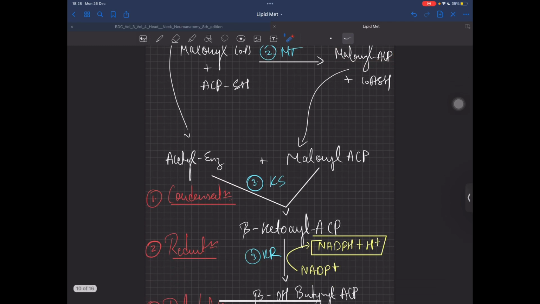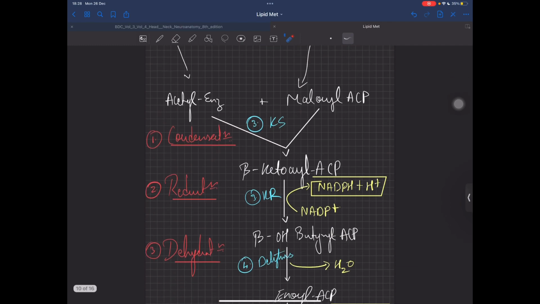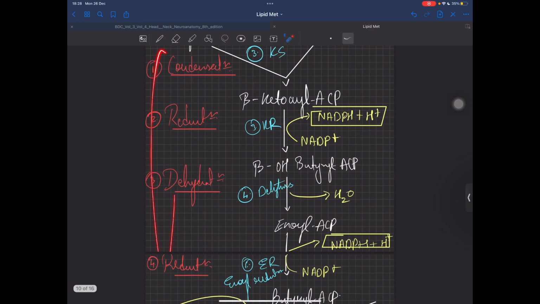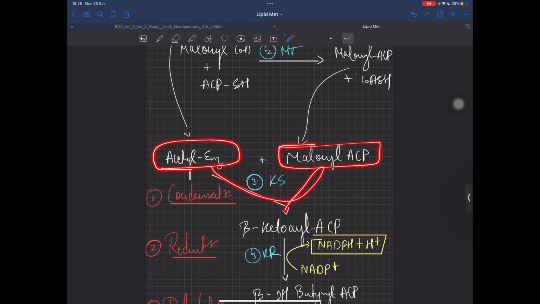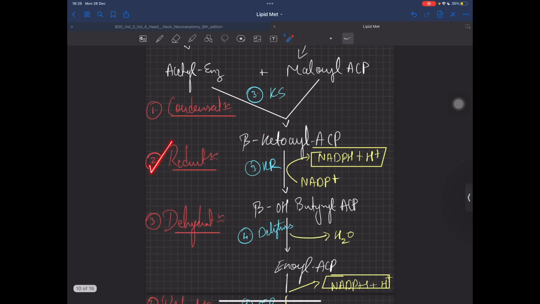Now, there are 4 important steps further. The first step is the condensation step, wherein the acetyl enzyme and the malonyl ACP both condense to form beta ketoacyl ACP in the presence of beta ketoacyl synthase. The next step is the reduction step: beta ketoacyl ACP is reduced under the influence of ketoacyl reductase to form beta hydroxybutyryl ACP.